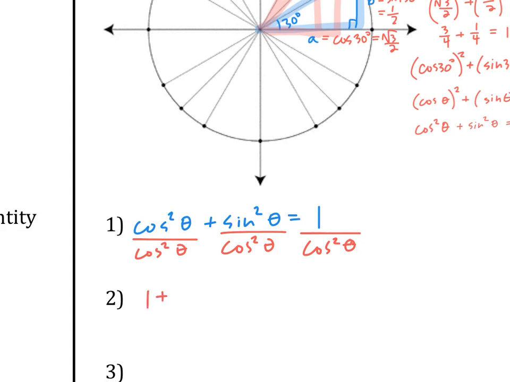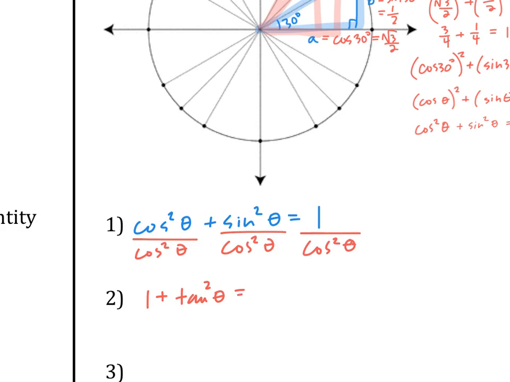Sine squared over cosine squared may be a little bit confusing, so let's think about it without the squared. Without the squared, sine over cosine is what? We just talked about it. It is tangent. And since they're both squared, this is going to be squared. So 1 plus tangent squared. So sine squared over cosine squared is tangent squared.